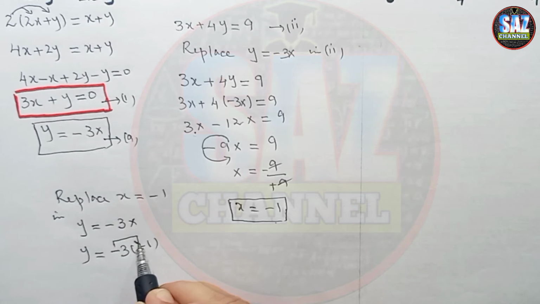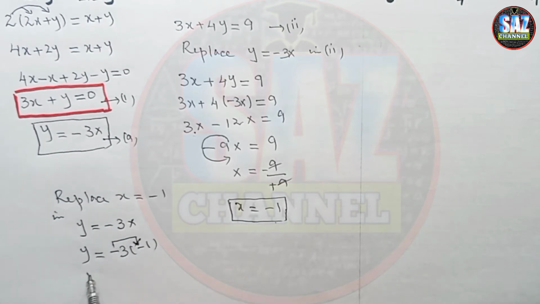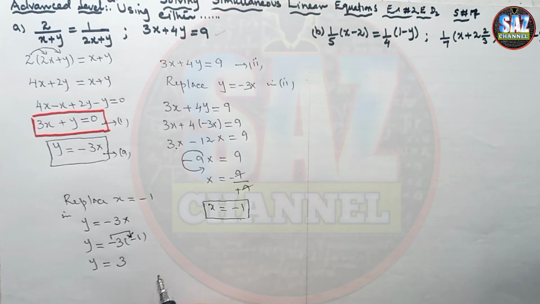Minus multiplied by minus is positive, so y equals 3. So the values of the unknowns for this question are x equals minus 1 and y equals 3. And let me block this answer for better understanding.